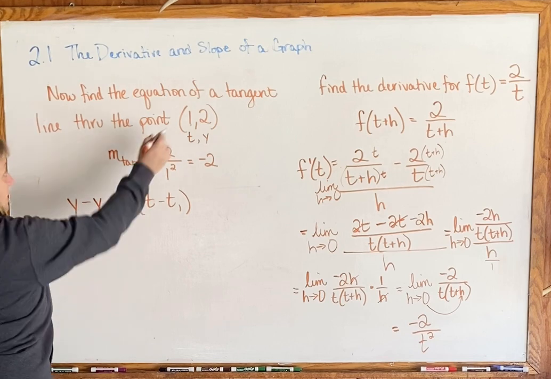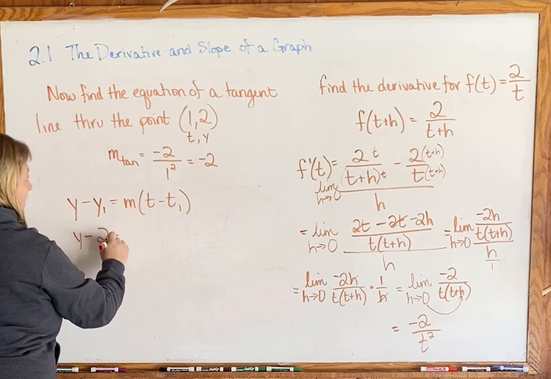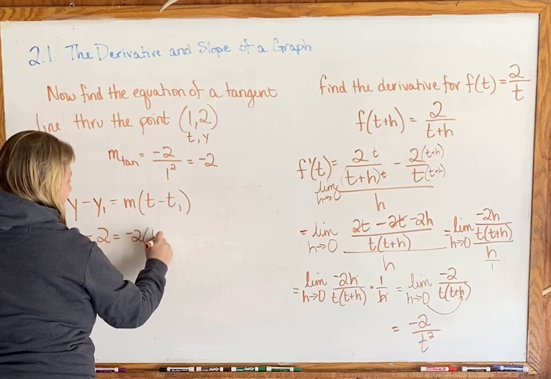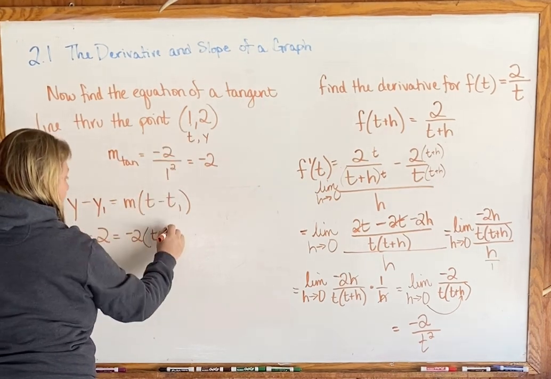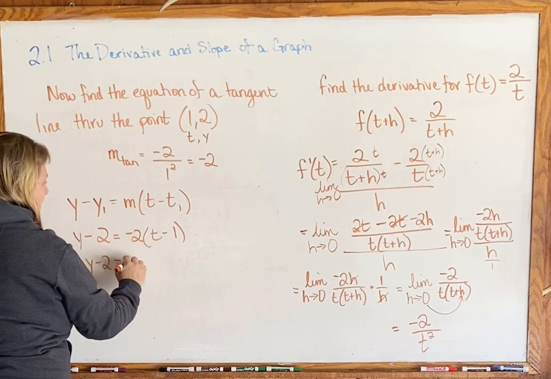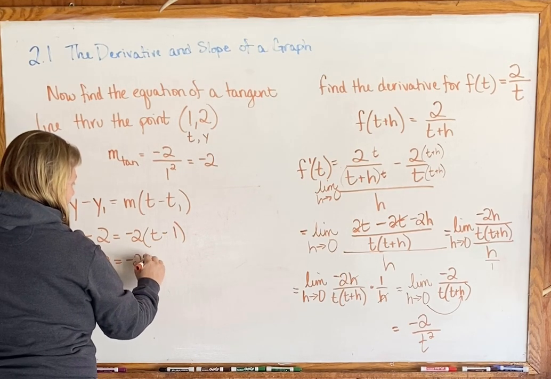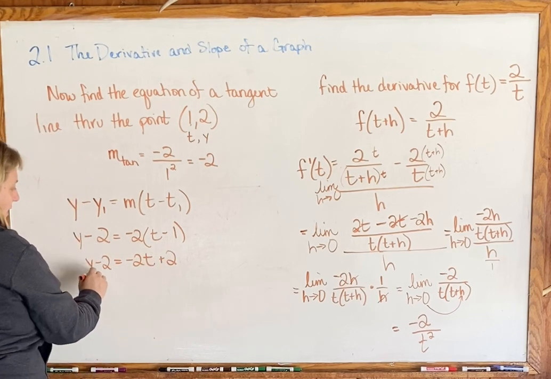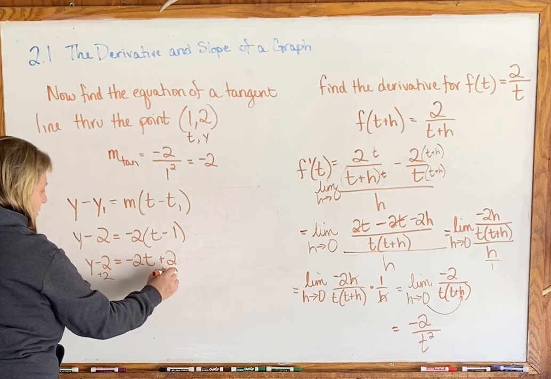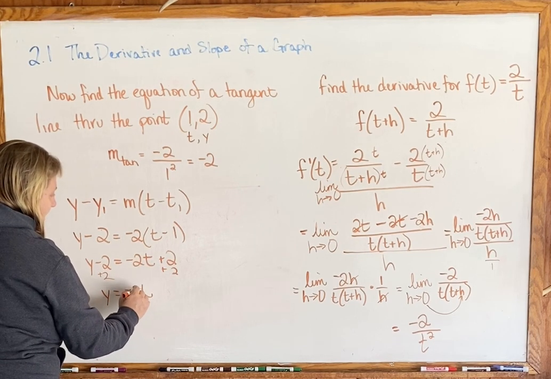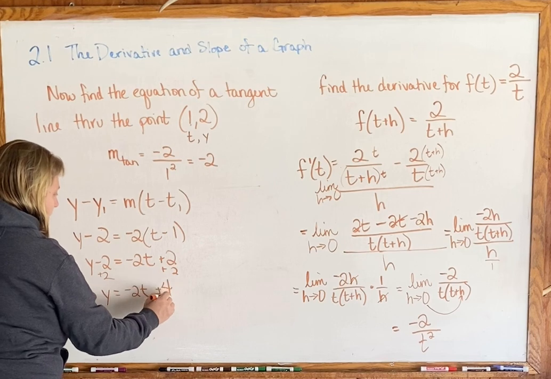So y minus 2 equals our m, -2, and then t minus our 1. So y minus 2 equals -2t plus 2. Then we'll add the 2 more. So we got y equals -2t plus 4.